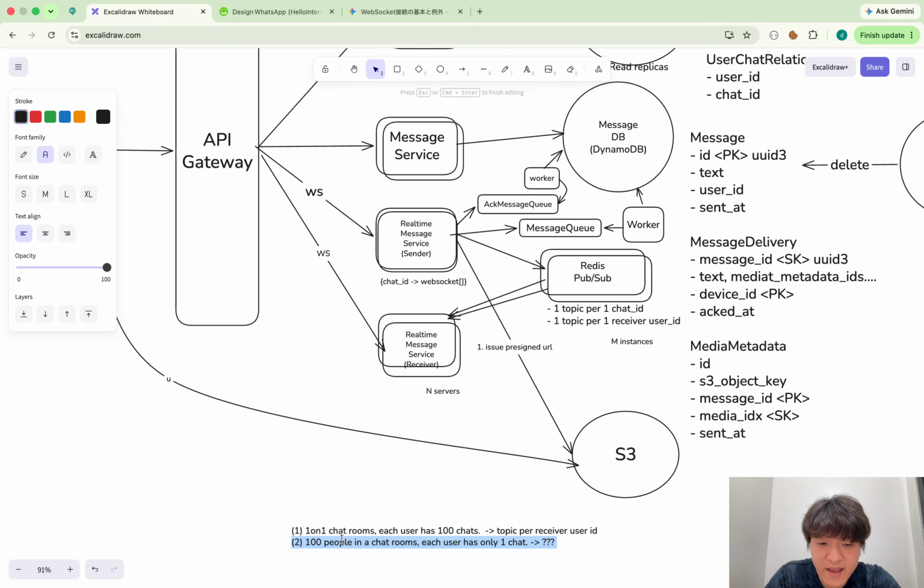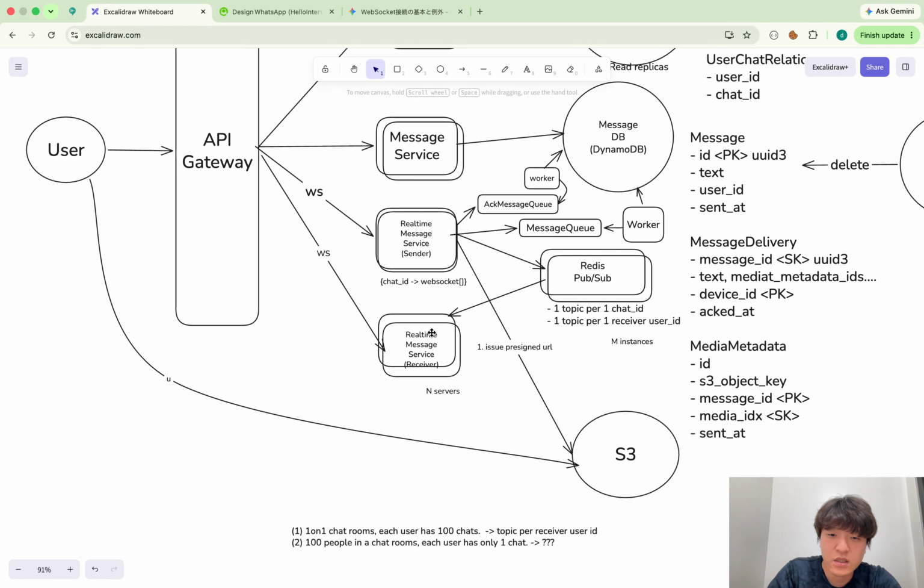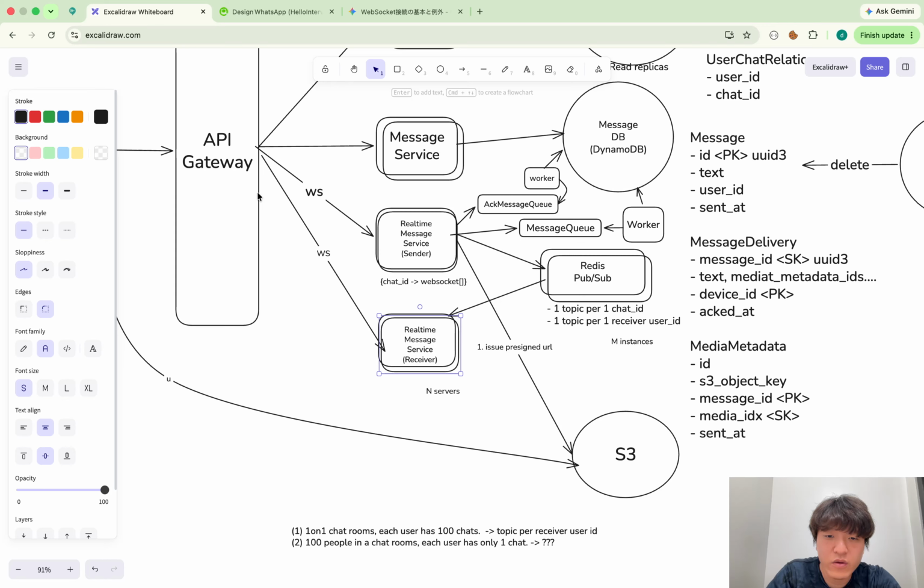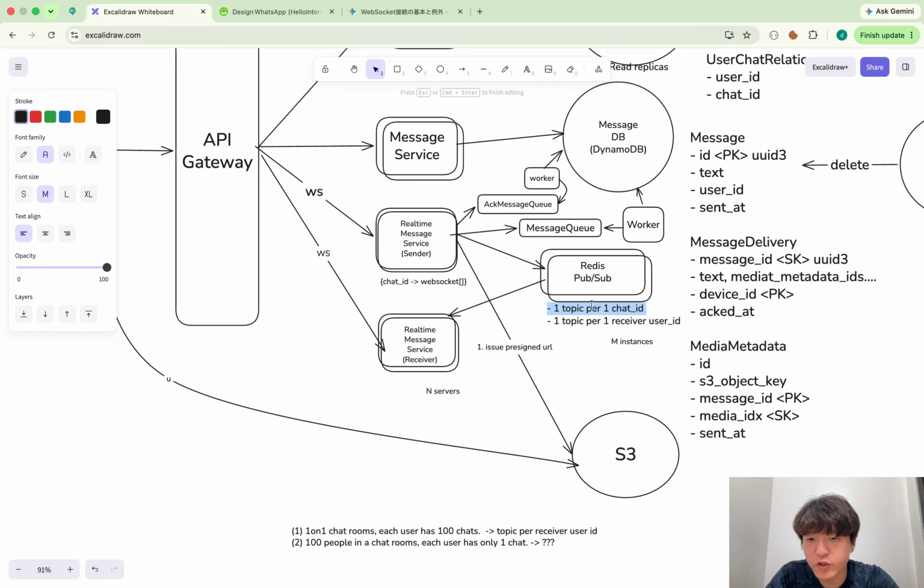So let's say there are 100 people in a chat room and each user has only one chat room. In this case, when a user sends a message to the real-time message service server, if I take option 1, this server sends the message to one specific topic which corresponds to that chat.